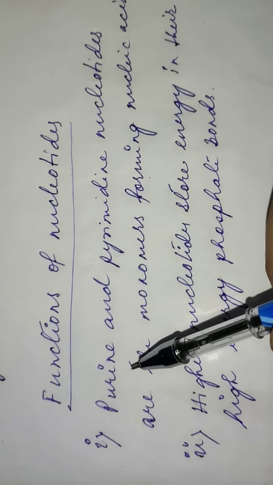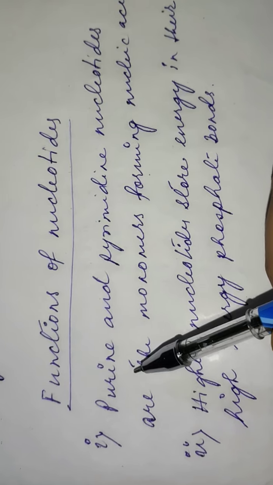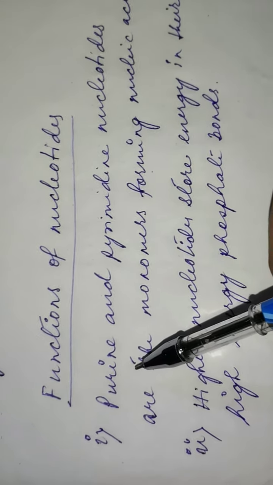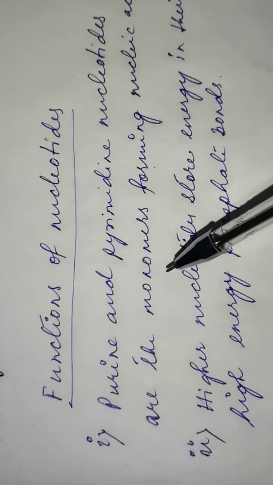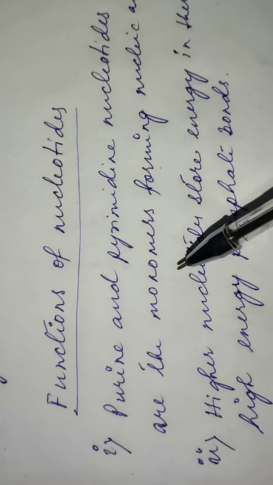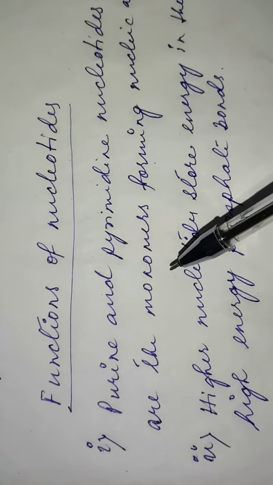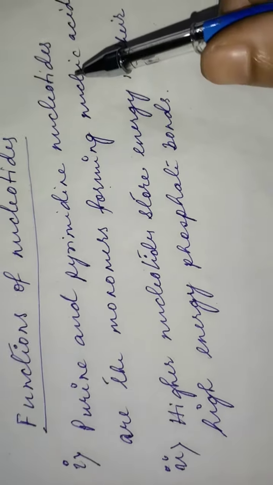The purines consist of two nitrogenous bases, adenine and guanine, which are double ringed, and pyrimidines have three nitrogenous bases, thymine, cytosine and uracil, which are single ringed heterocyclic compounds.